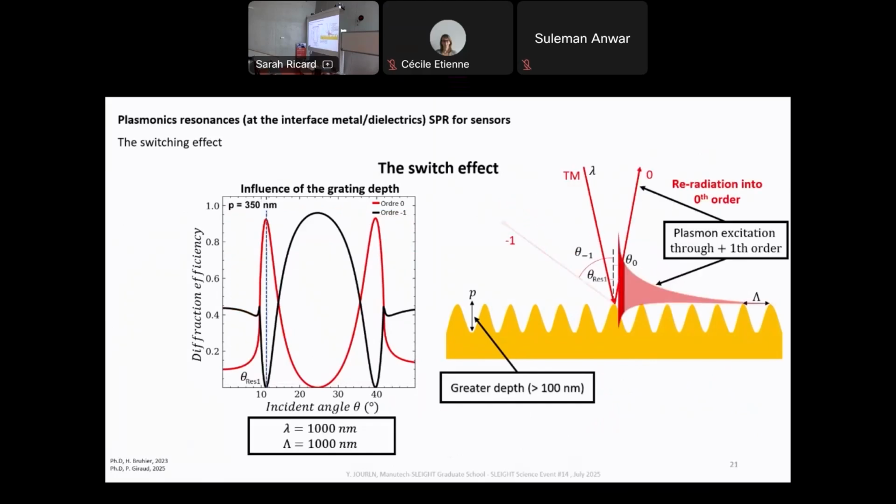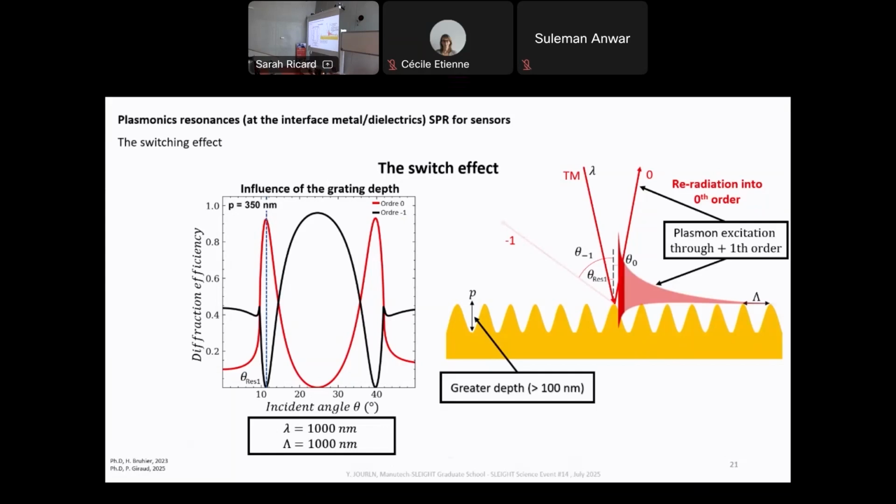Here, once again, we have to understand that in this case, we excite with the incident beam a surface plasmon resonance. But the surface plasmon resonance, which propagates along the grating, will interfere and interact with the propagative diffracted order, either the 0 or the -1, to give its energy, because the interaction is so strong.